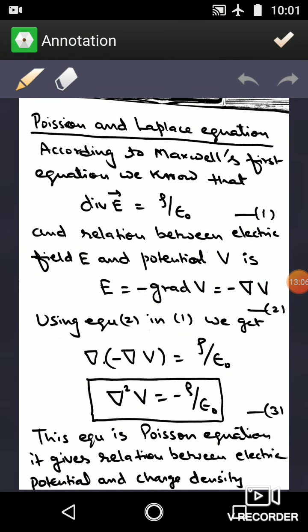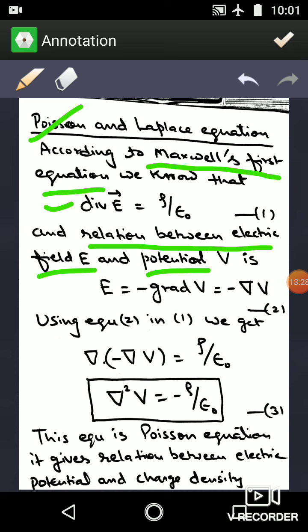Now we are going to study Poisson and Laplace equation. We know that according to Maxwell's first equation, divergence of E is equal to rho upon epsilon naught, and the relation between electric field and potential is E equals minus gradient of V, that is, minus del V. Okay, this is the relation between electric field and electric potential.